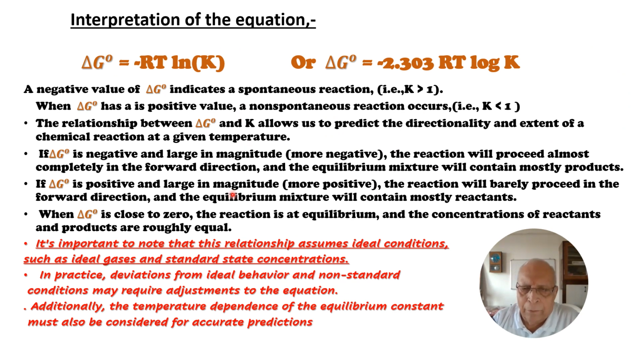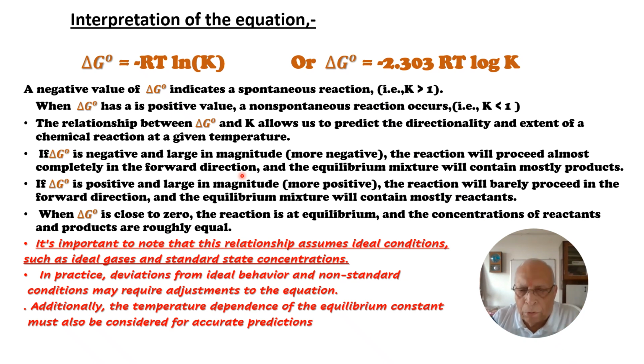Interpretation of the equation. Of course, I have already given you an idea about the spontaneous reaction and a non-spontaneous reaction. Now here, the same is being applied. A negative value of delta G indicates a spontaneous reaction, means a reaction which occurs of itself. In terms of chemical reaction, if a negative value is there, the reaction will move towards the forward direction.